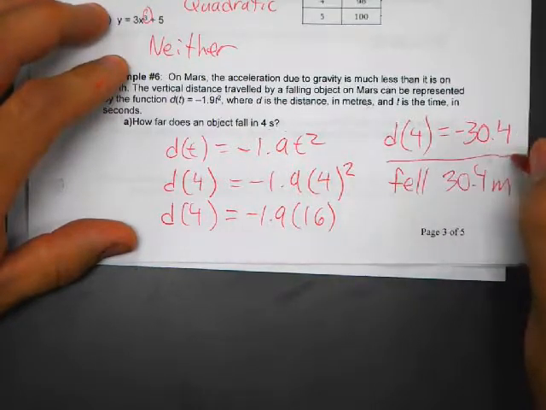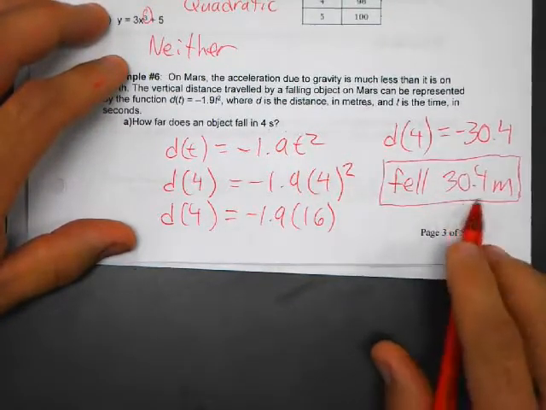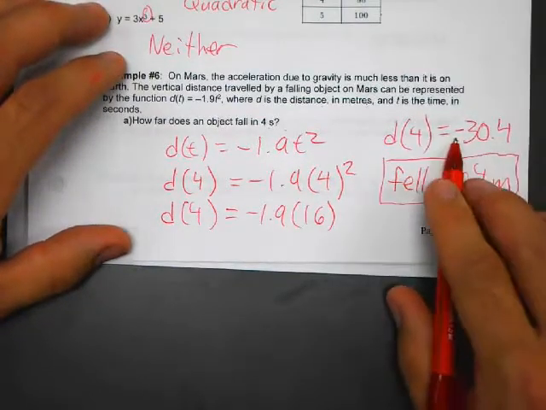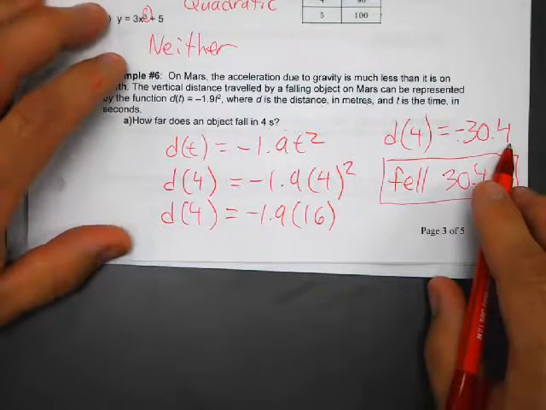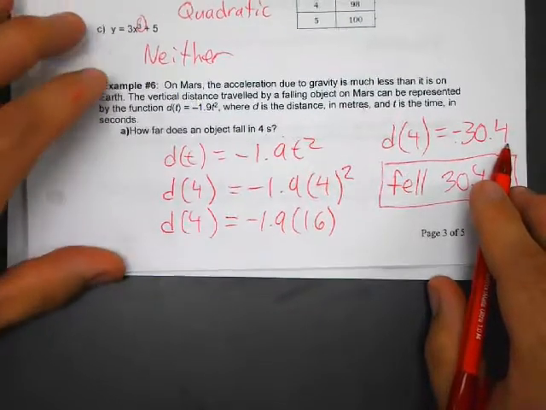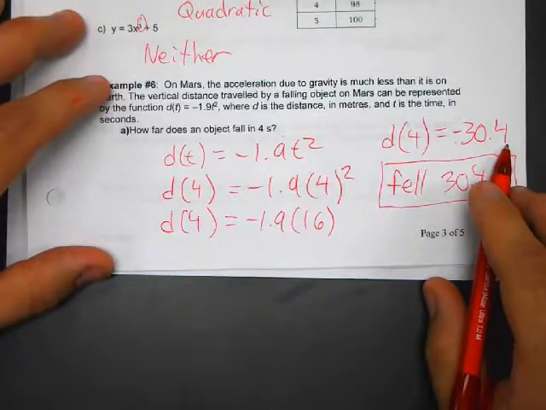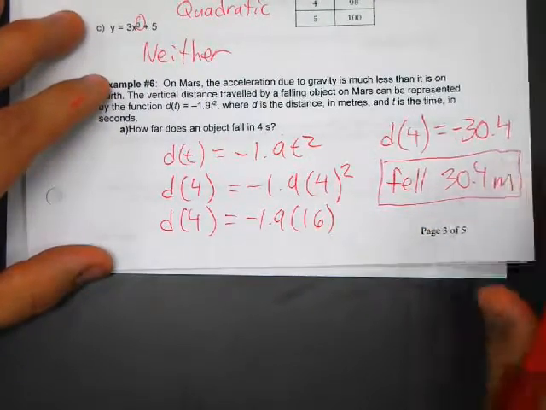That's our final answer. Now, notice fell, and notice it's negative 30.4 as an answer. So the next question is going to say, how long did it take to fall 90 meters? And that's going to tell us that we have to put in negative 90 when we do the next question.